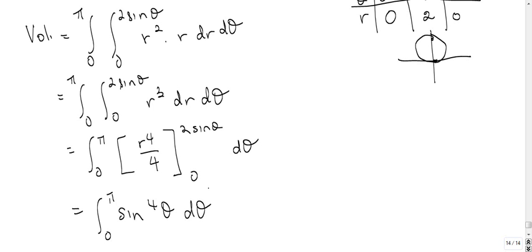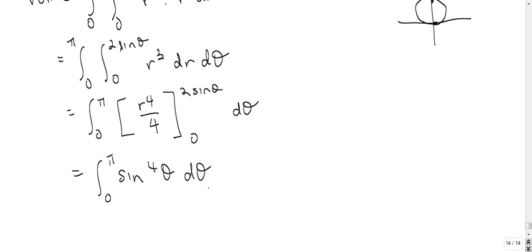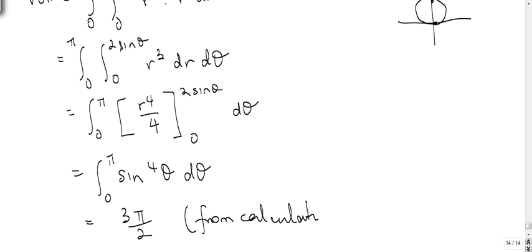So I would advise you to just put that into your calculator. When it is so intricate, just use your calculator and you'll get 3 pi over 2. Okay? Any questions?